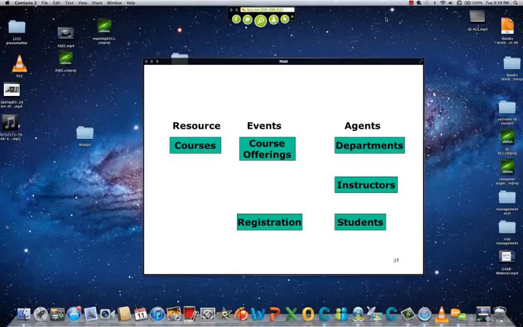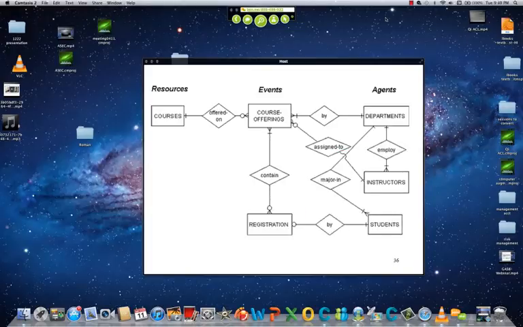We have to model relationships, right? So for each entity, and all of these are entities, we have to model relationships. Let me show you. So basically, we have this many relationships. We have relationships between departments and instructors. Instructors are employed by department. Instructors are assigned to course offerings. Courses are offered through course offerings.